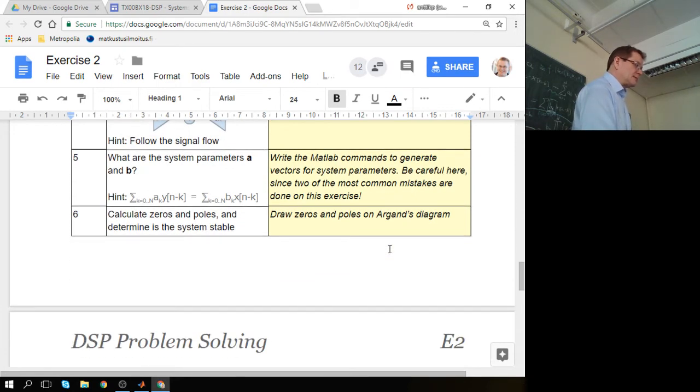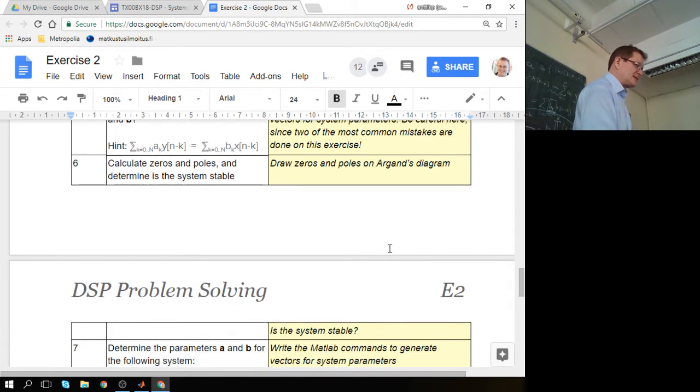Then the system parameters, yes, that's where the errors will be made. Then calculate the zeros and poles. Oh, and determine if the system is stable. Very simple. If all the poles are inside of the unit circle, then the system is stable. Period. There's no other trick. So all poles inside of the unit circle.